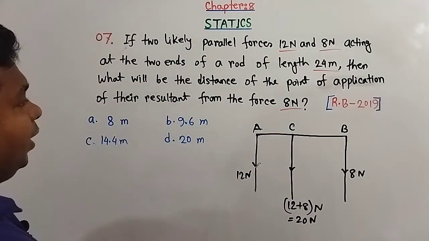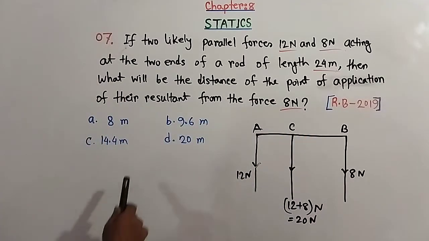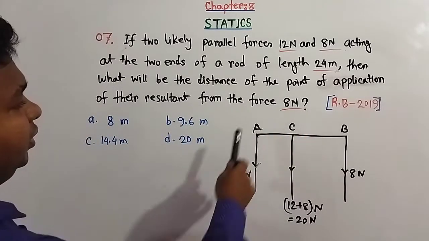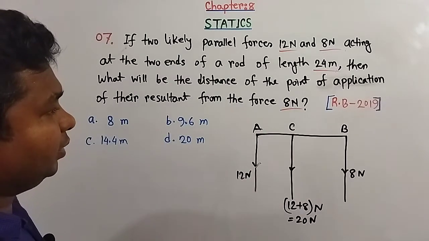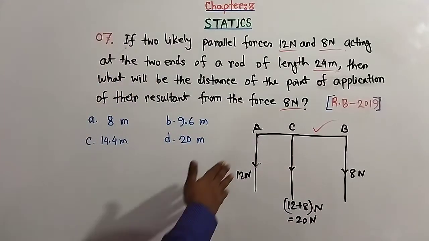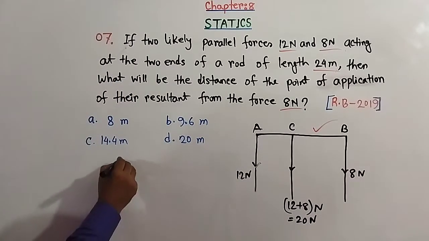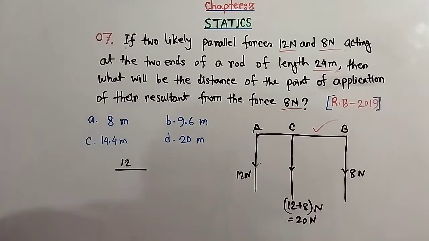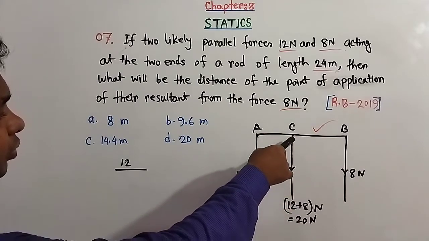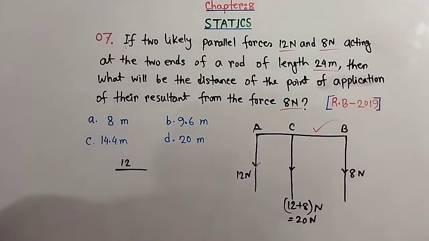Now we have to find the distance of the point of application of the resultant from the force 8 Newton. So we have to find the distance BC.